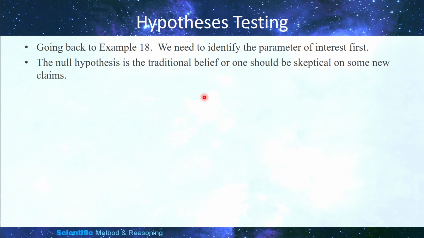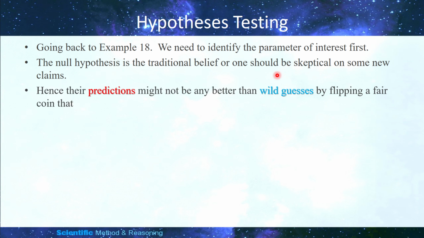Now, going back to example 18, we need to identify the parameter of interest first. The null hypothesis is the traditional belief, or one should be skeptical of new claims. Hence, the predictions might not be any better than wild guesses by flipping a fair coin, so the probability of making a correct prediction on any particular trading day is 1/2.